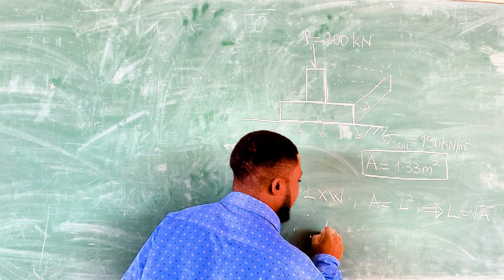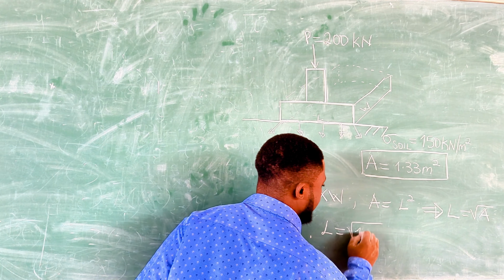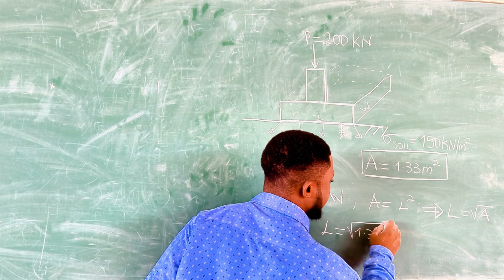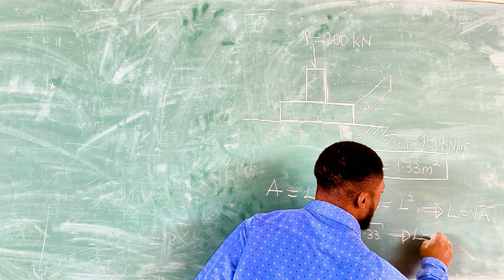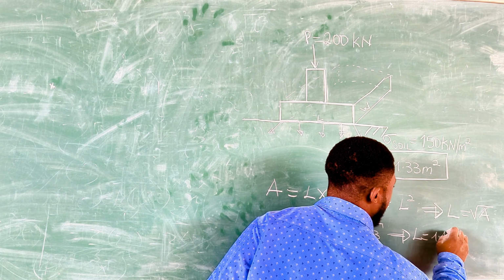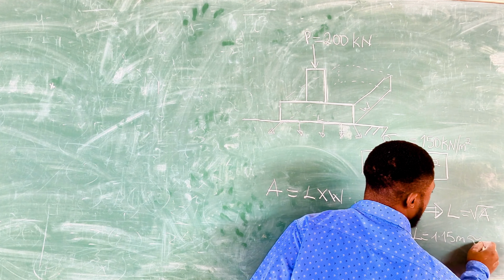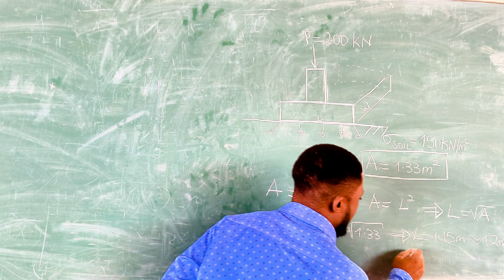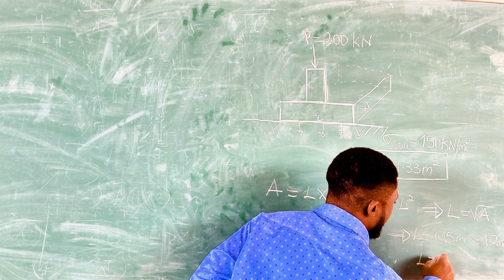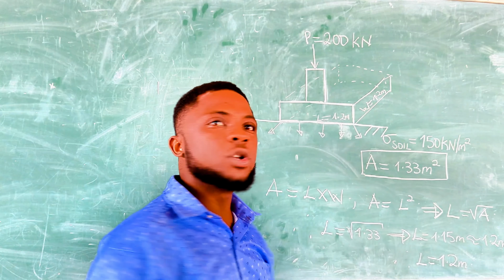Therefore, length will be equal to the square root of the area, which is 1.33, which will imply that the length will be equal to 1.15 meters. Now we can round this up to 1.2 meters. Therefore, the length of our footing will be equal to 1.2 meters for footing, which has been covered.